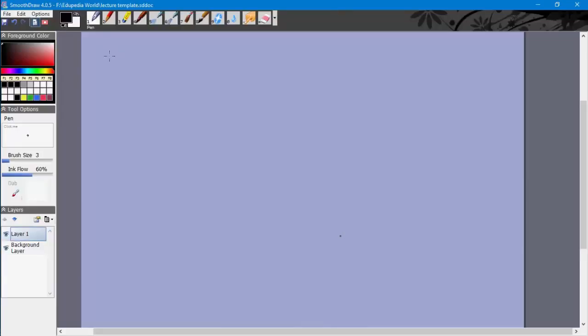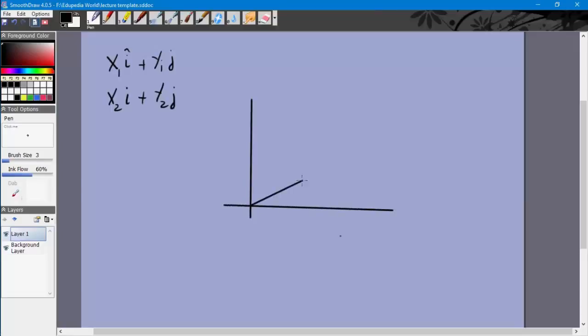So we are given the x and y components of two vectors. Let's say x1 I cap plus y1 j cap, and the other could be x2 I cap plus y2 j cap. Right. So what is the sum of these? So the first vector we can draw here, it would be a vector with some magnitude and some angle, such that this distance would be x1 and this distance would be y1.